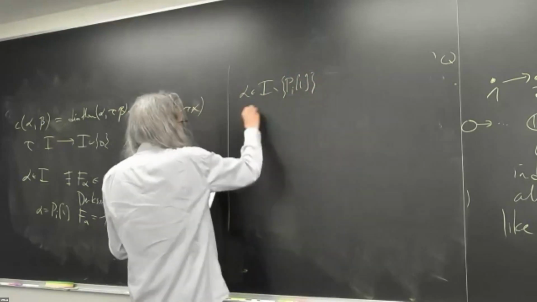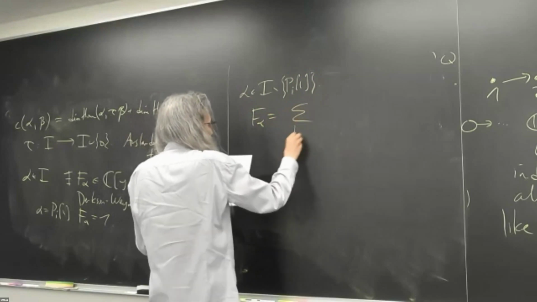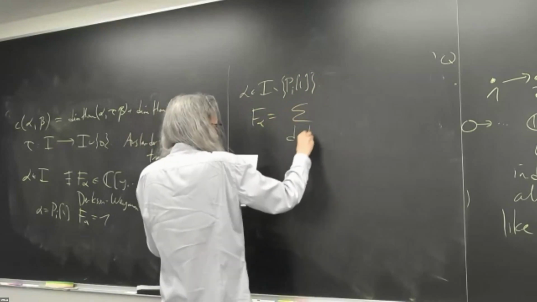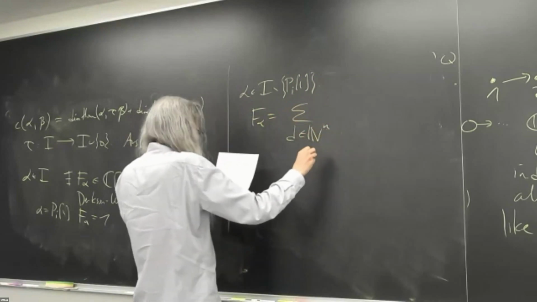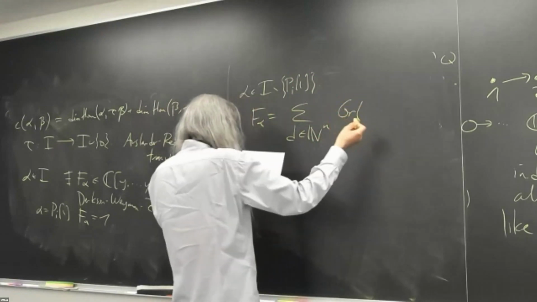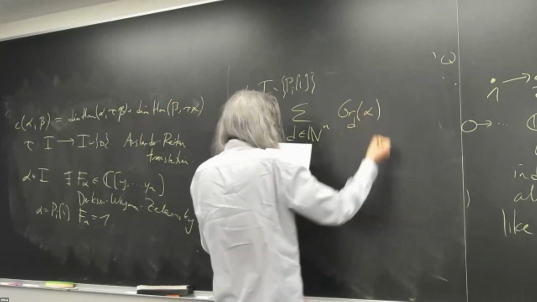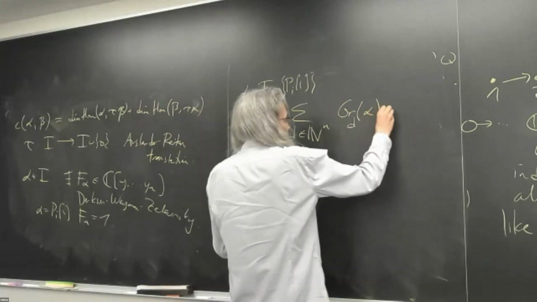In this case, F alpha is defined to be a sum over dimension vectors of something which looks a little scary, but I want to try to convince you that it's not really so very scary.